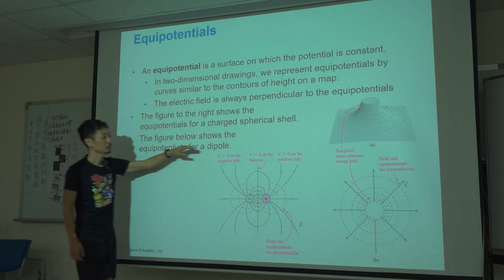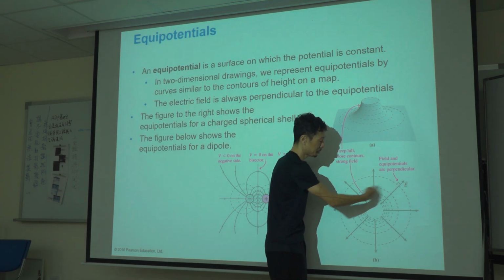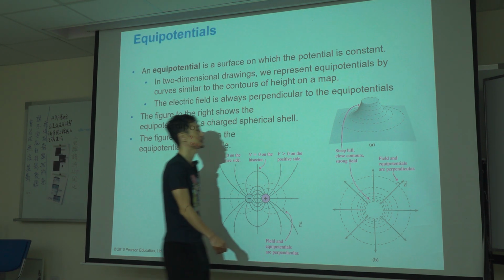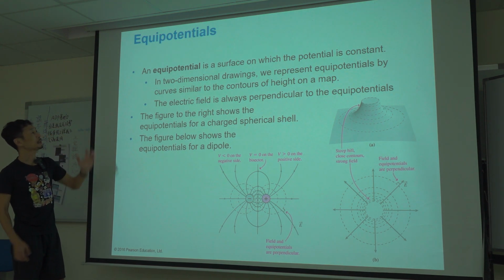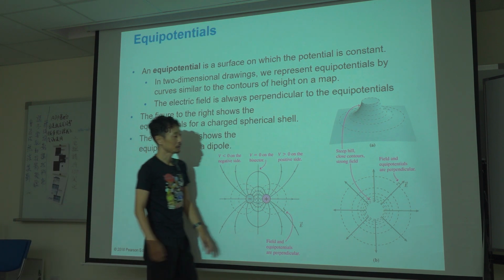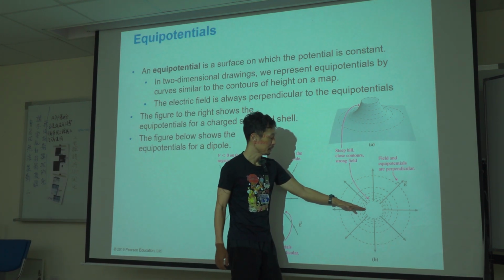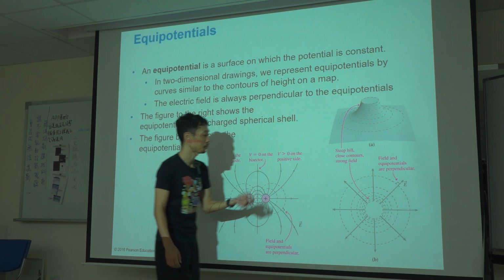So this is in 3D, but in 2D, the equipotentials are these circles written here. The electric field is always perpendicular to the equipotential, because it should be perpendicular, in the direction where potential changes.